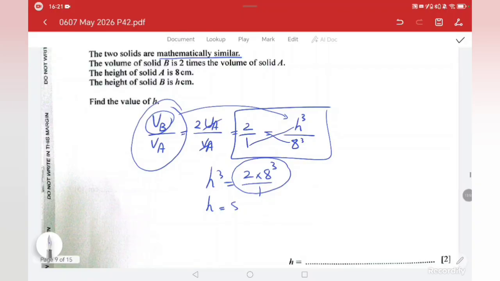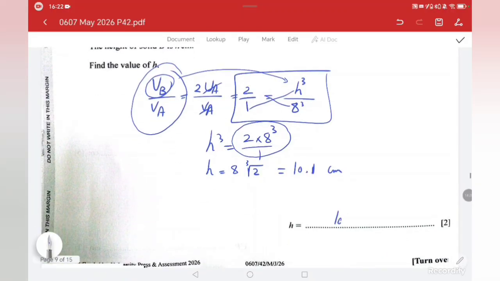If you want, you can write it as 8 cubic root of 2, or just use a calculator and round it to 3 significant figures. So cubic root of 2 and then times 8. So 10.1 if you make 3 significant figures, centimeters. Okay, 10.1.